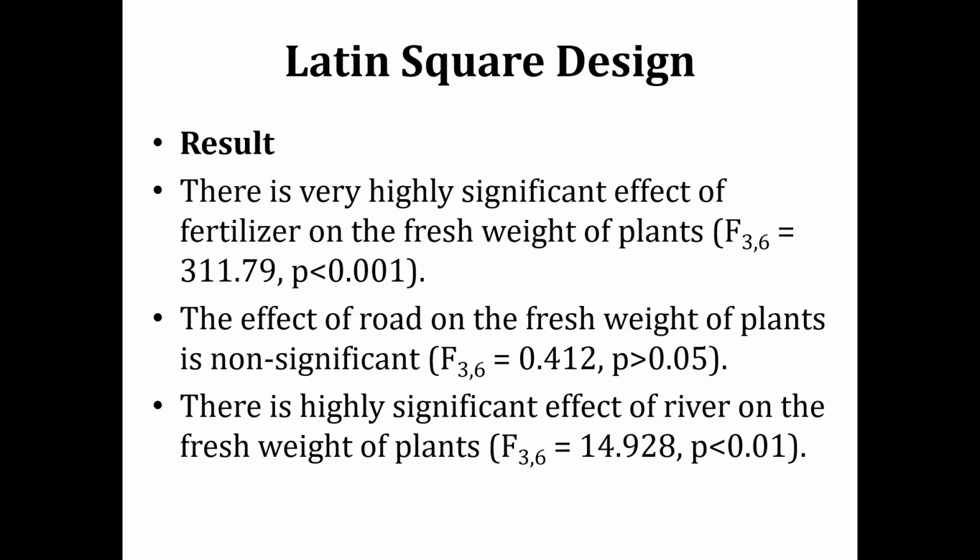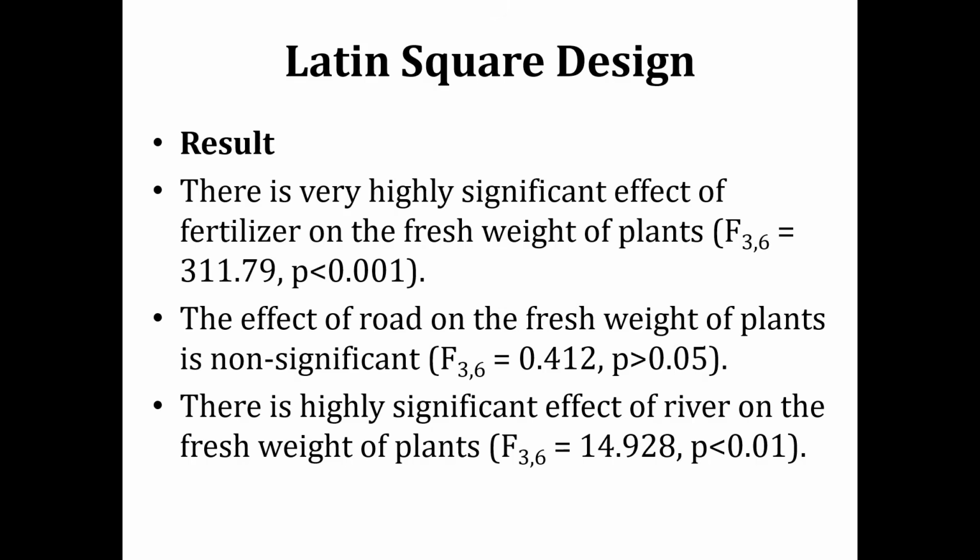Then in RCBD, which is the most widely used design in field research, we have 3 sources of variation: the treatment, which is the source of variation of our interest, experimental error, which is due to extraneous factors that are unavoidable, and an additional source of variation due to the environmental conditions that cannot be avoided. We calculate the effect of that source of variation by making blocks. So we have three sources of variation in RCBD: variation due to treatment, variation due to blocks, and variation due to experimental error.